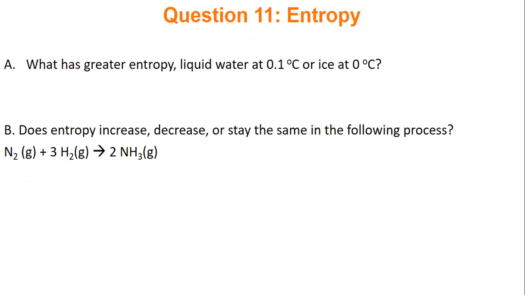So just a couple questions here about entropy. Remember, entropy means chaos. I should have a poll with this to gauge our understanding. So 2 simple questions here. What has greater entropy? Liquid water at 0.1 C or ice at 0?